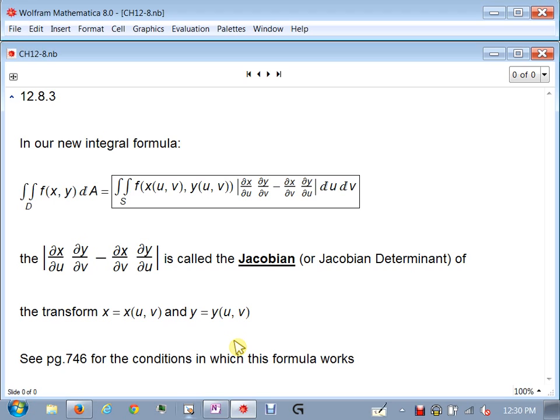If you look at the book, on the top of page 746, don't open your book or anything, it goes into the conditions you have to have for a change of variables in double integrals. You can't just come in with some discontinuous functions that aren't well behaved on the region, that become asymptotic and things like that. You can't just throw any transformation in there. But if your transformations are nice, this will work.